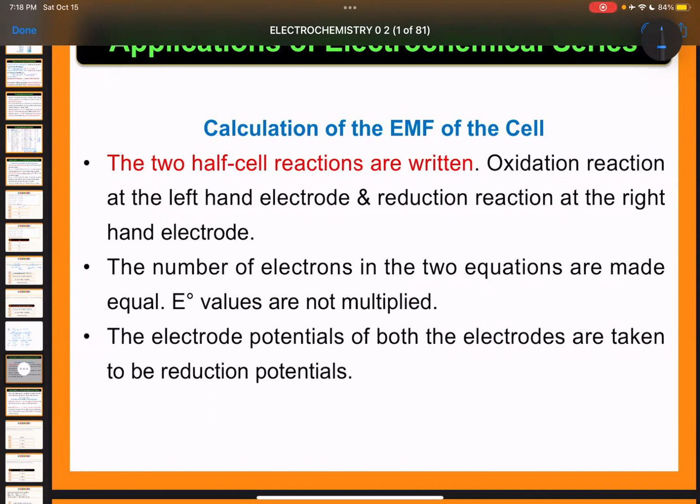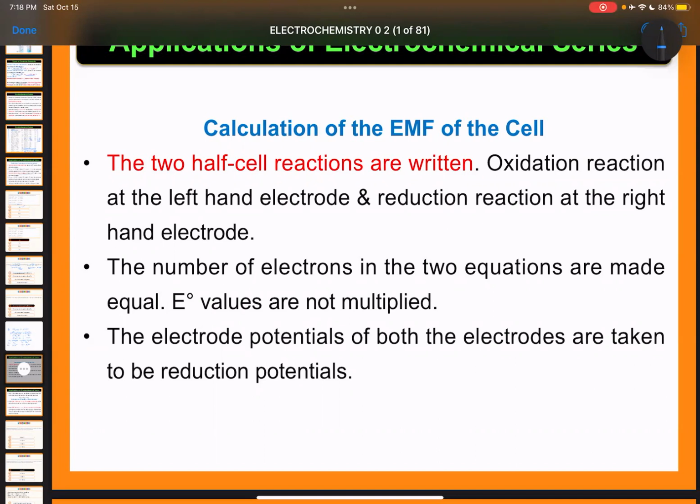But that was the electrode potential of only one electrode. For making a cell, you need to connect two electrodes. So what is going to be the EMF of the cell?